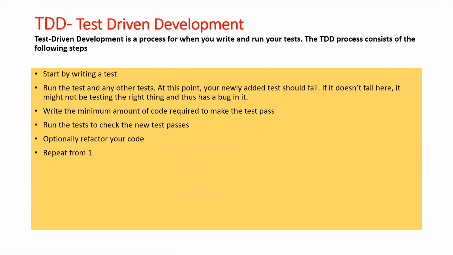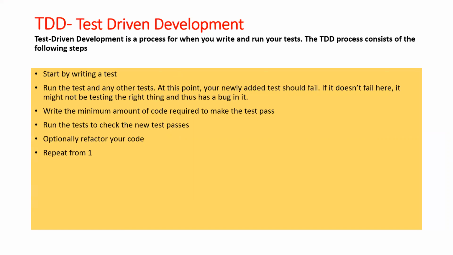Assuming there is a requirement, let us say I'm developing a game with 5 levels, where the first level has 100 score. When the person comes to level 1 and plays and reaches a score of 100, then it has to move to level 2. This is my scenario. So instead of first developing this code, you have to write the test case first. This is test driven development.